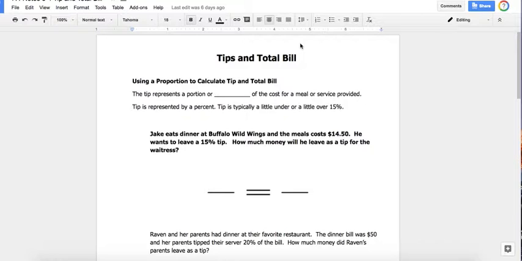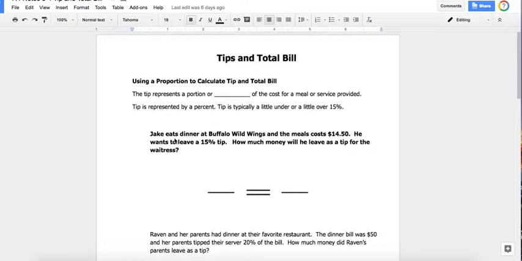Please listen carefully. So you're probably familiar with tip if you've ever been out to eat in a restaurant other than a fast food place. The expected thing to do is to leave a tip. But it's not only in restaurants.